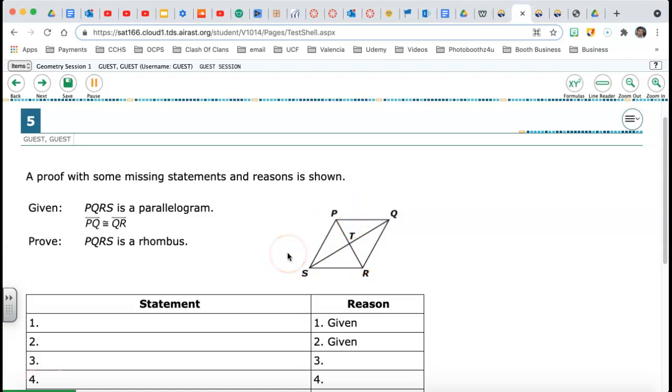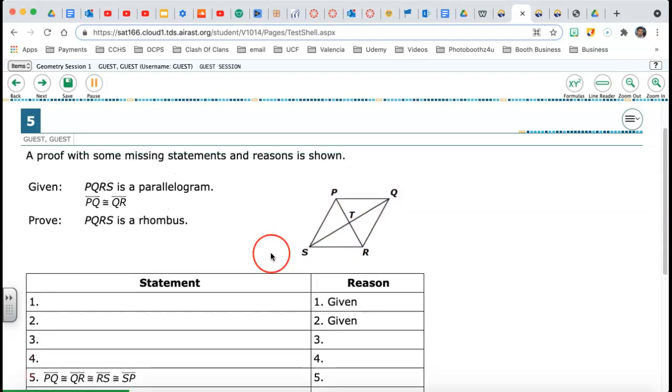Okay, guys, but one thing to be careful with is what they're asking me. They're asking me to prove a rhombus. So they're asking me for the sides for the most part. Also, in a rhombus the diagonals are perpendicular to each other. If we see the diagonals are perpendicular here, then we can look at it. For the meantime, we need to prove that all the sides are congruent.